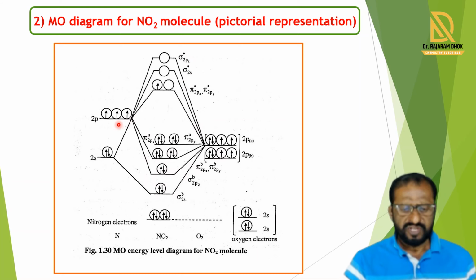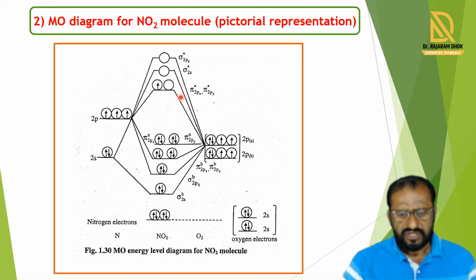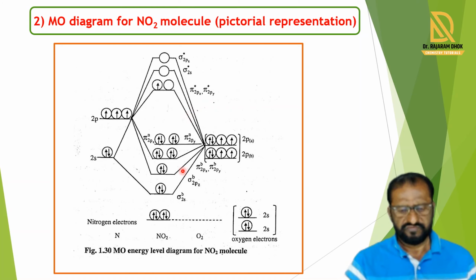In a similar way, the py of nitrogen and the py of oxygen form pi star 2py. The pz of nitrogen and the pz of oxygen, when the wave functions are different, form pi star 2pz. So in this way, different molecular orbitals form.